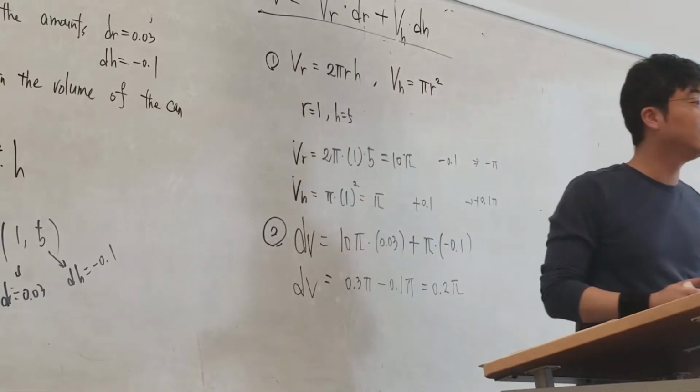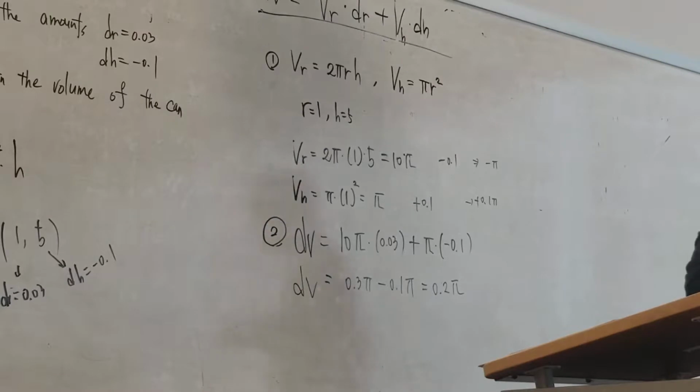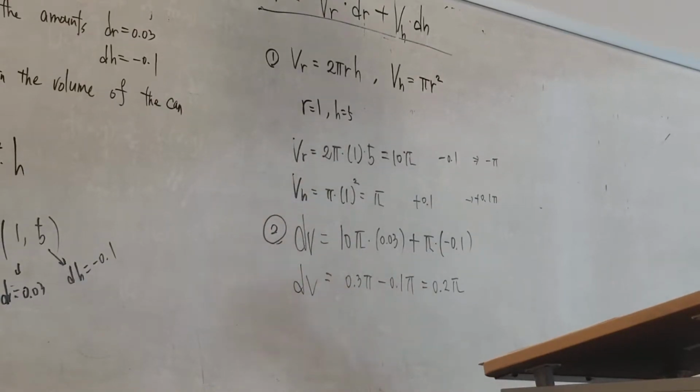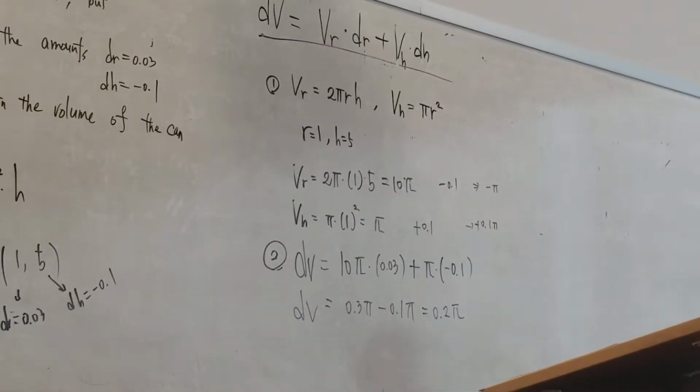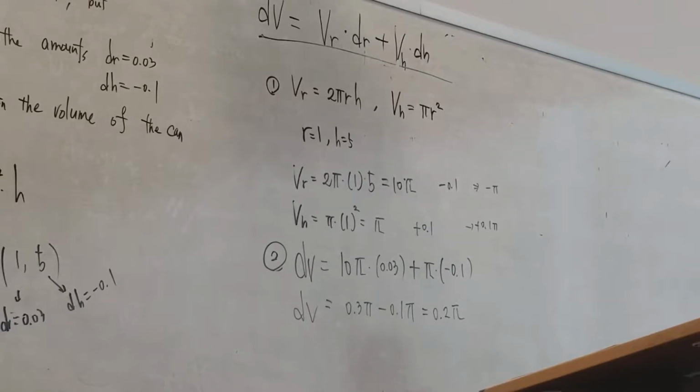So you're saying if you have a negative pi, that means the output is negative, then we lost volume, which means less material.